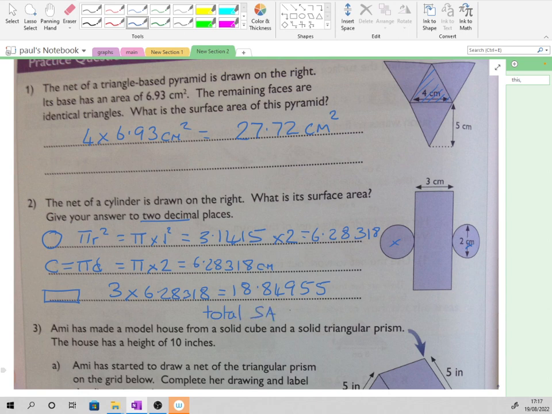So, total surface area equals this number, which is the 2 circles, and this number, which is the rectangle.